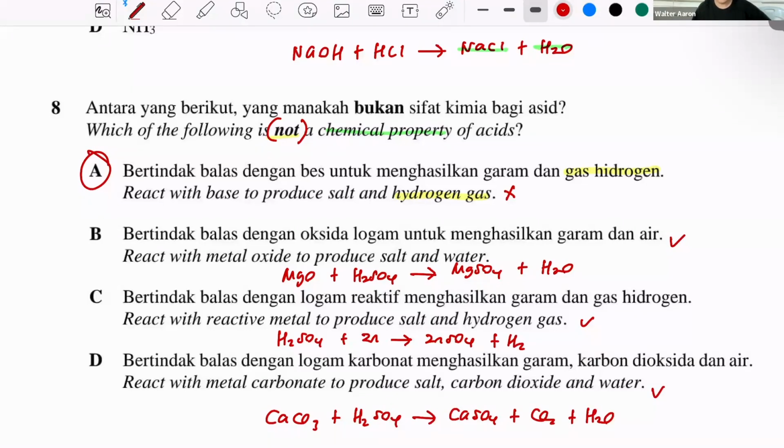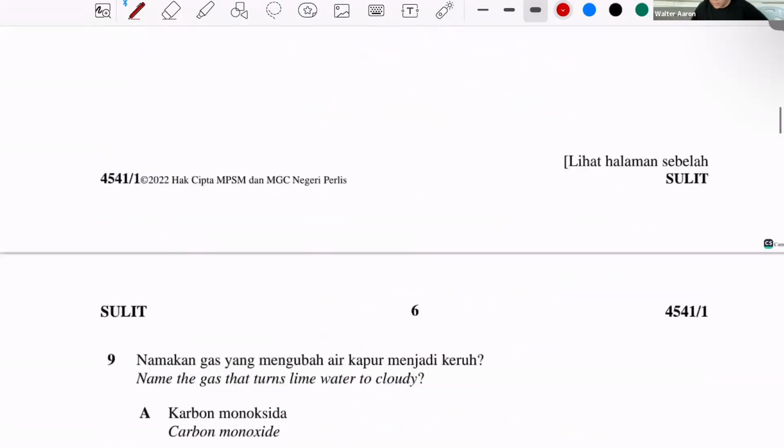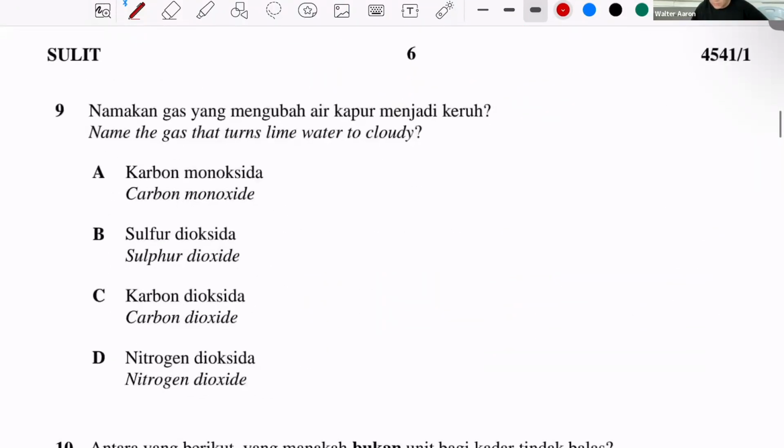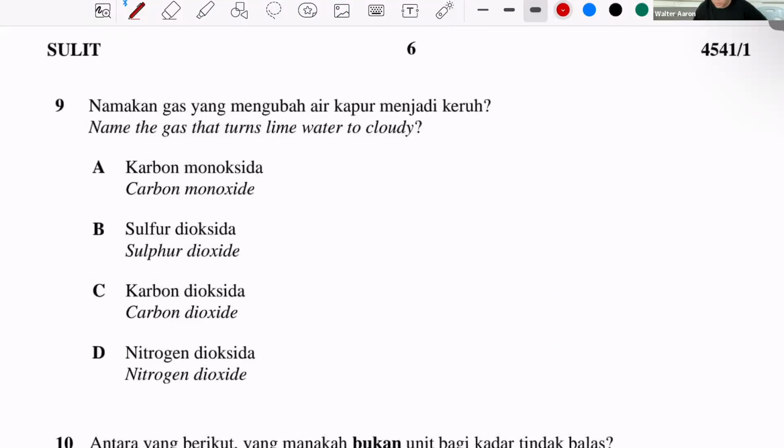So the only one that's not possible should be A. So that's why the answer is A, because it says not a chemical property. Let's go to number 9. Name a gas that turns lime water cloudy. When you talk about lime water tests, since your PT3 level, you also know that technically carbon dioxide is the one that can turn lime water cloudy.